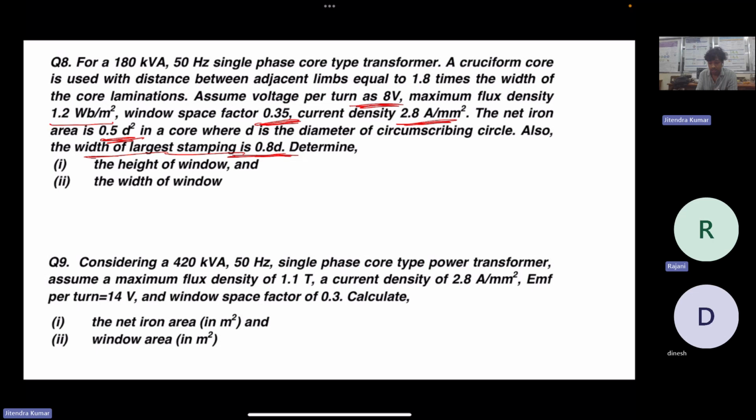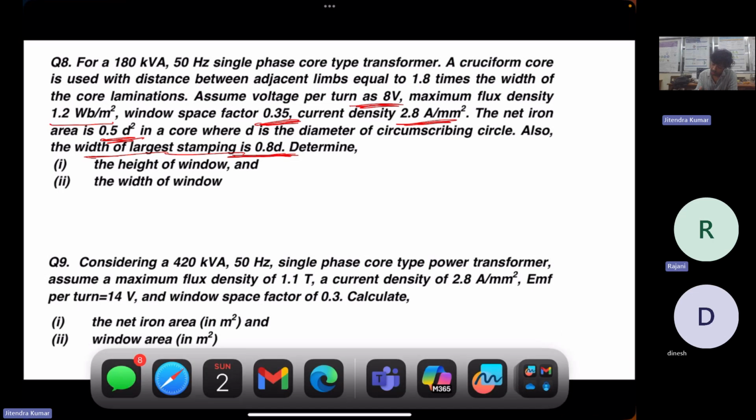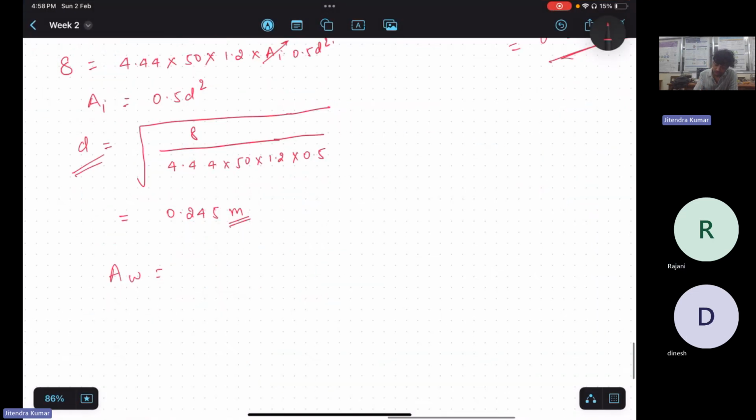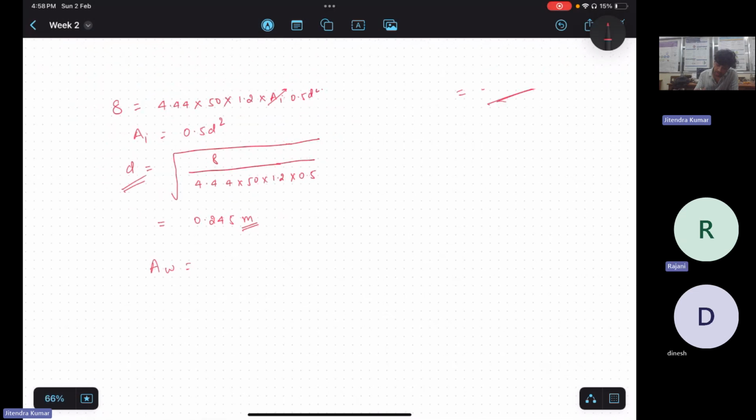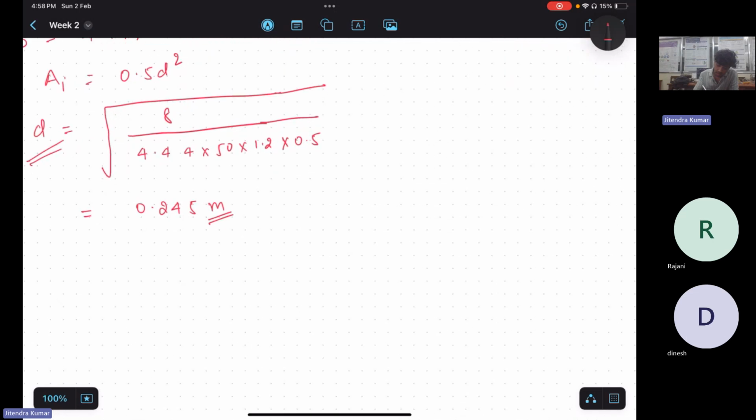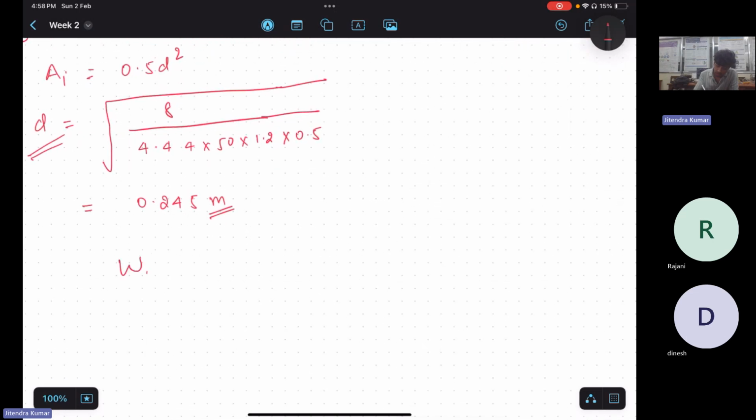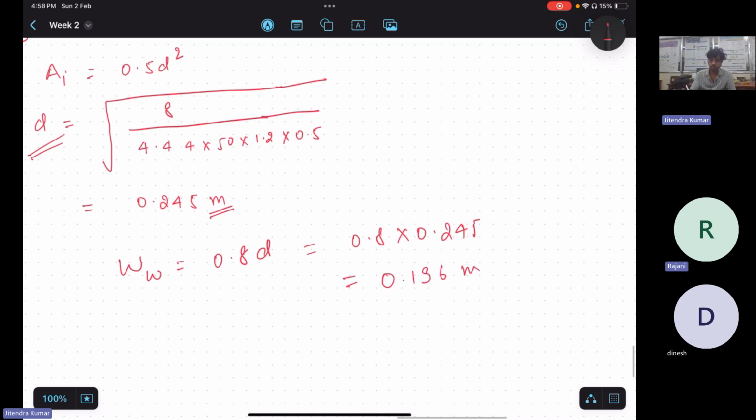So width we will calculate directly here. Width is 0.8 d, which is nothing but 0.8 into 0.245. It is nothing but 0.196 meter. So we have calculated the width.